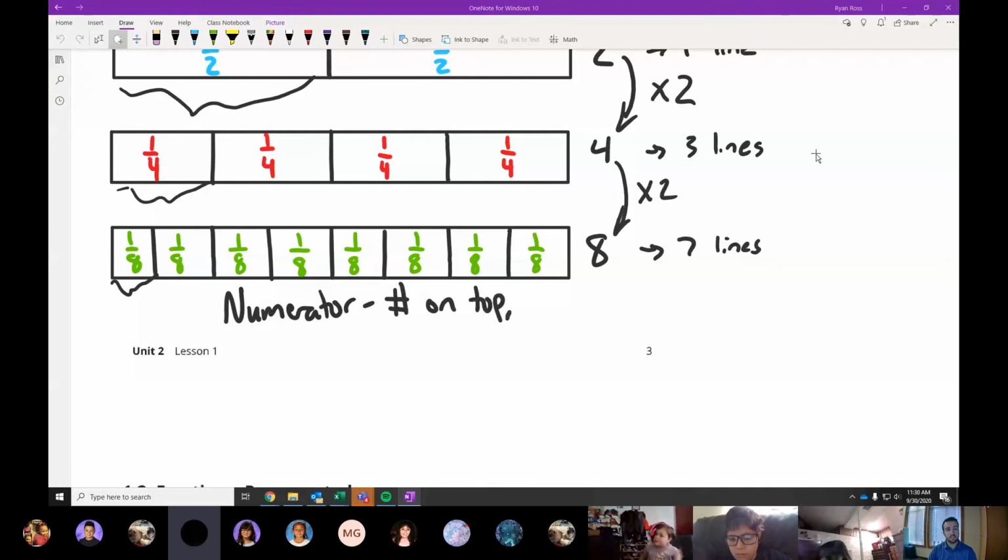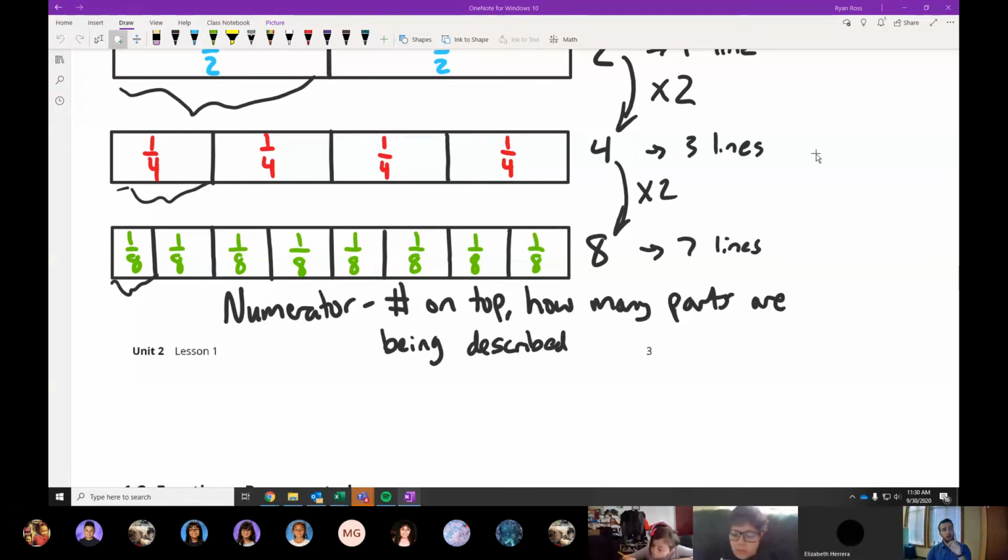And what this means is it's the count of how many of those pieces that we have. The book defines it, how many of those parts are being described.